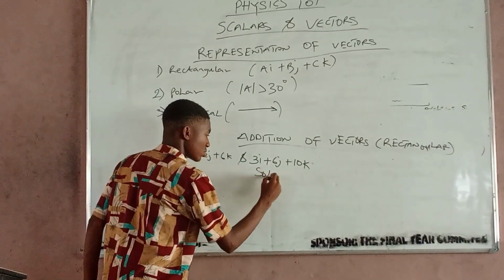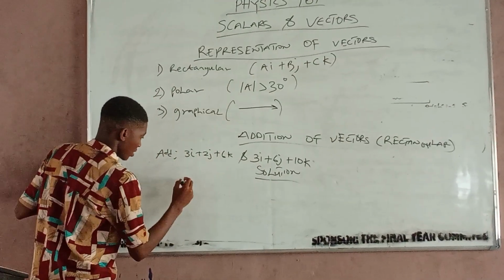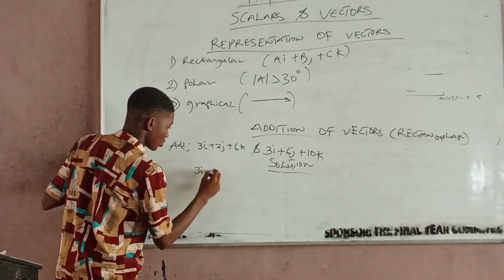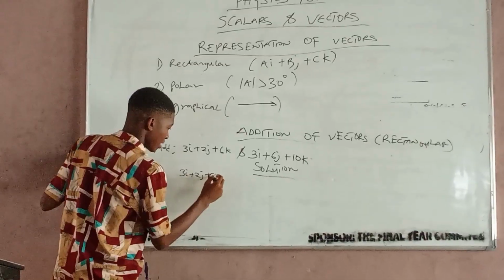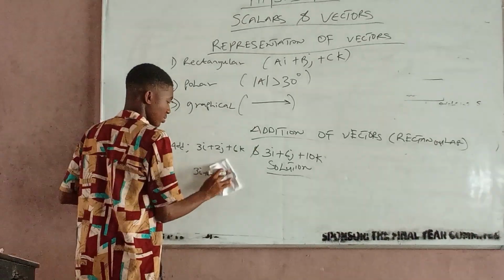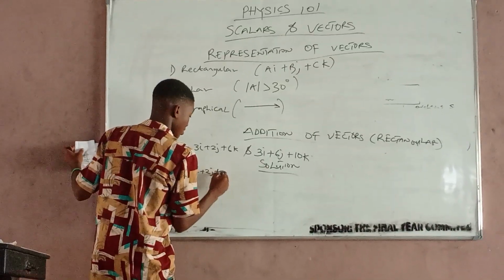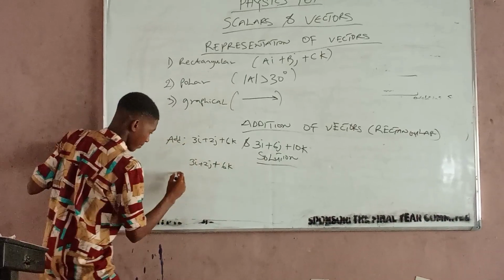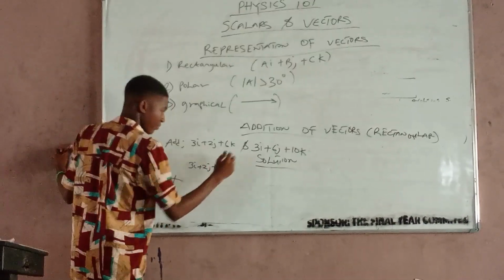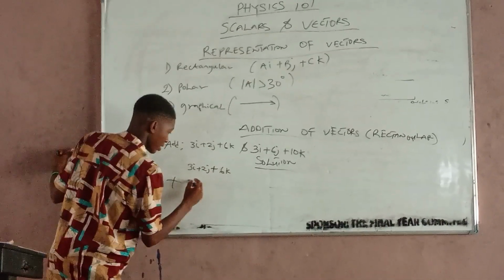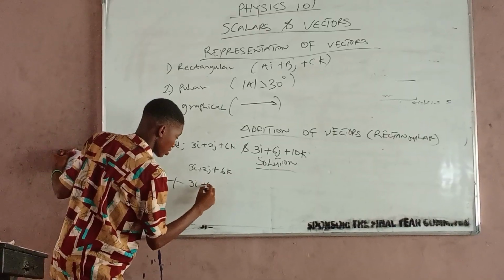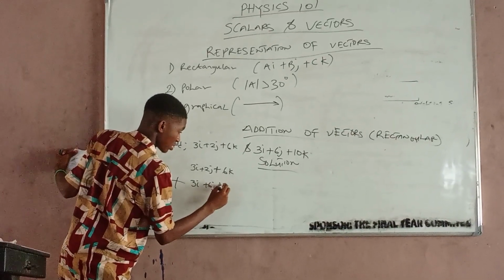Solution. We have 3i plus 2j plus 6k plus 3i plus 6j plus 10k.